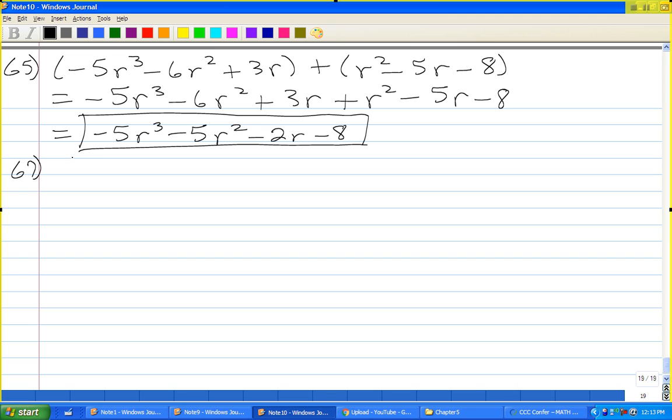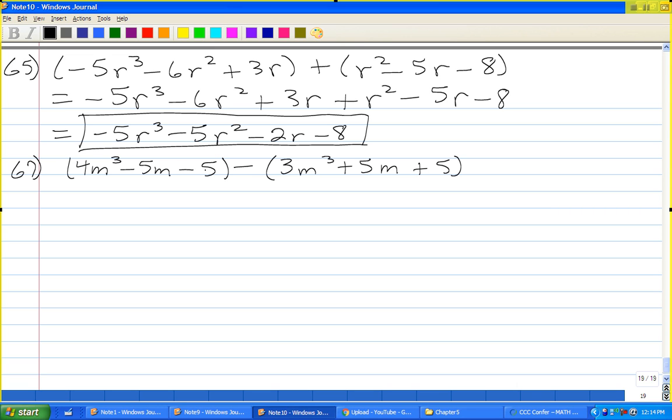67. In exercises 66 through 75, perform the indicated operation. Subtract 3m cubed plus 5m plus 5 from 4m cubed minus 5m minus 5.